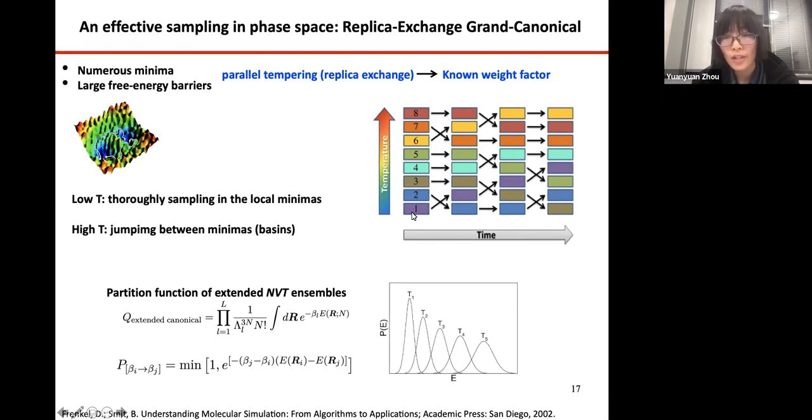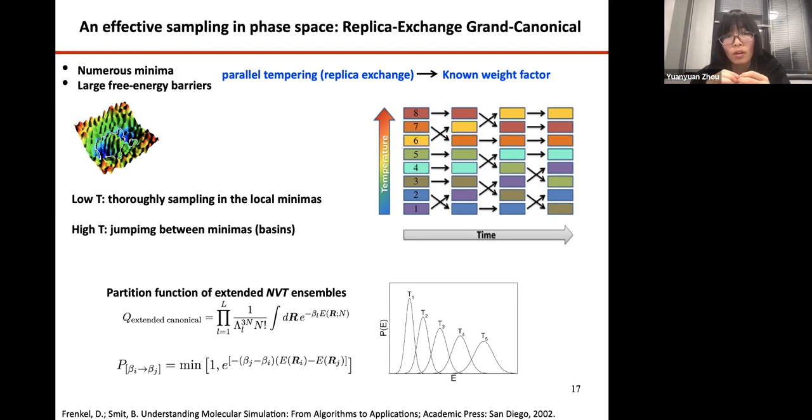During the simulation, the replicas try to swap with their neighbors. This swap allows replicas at lower temperatures to reach high temperature regions so that they can overcome the kinetic barrier easily.